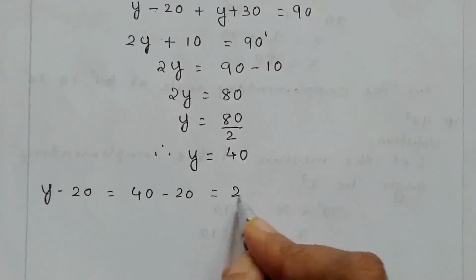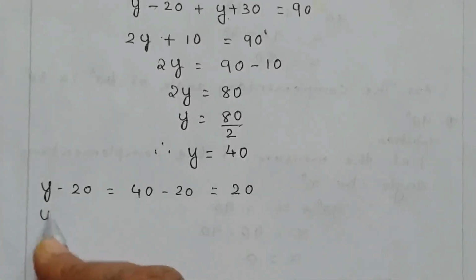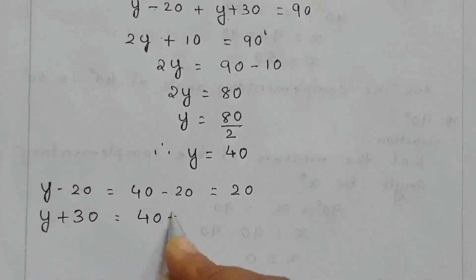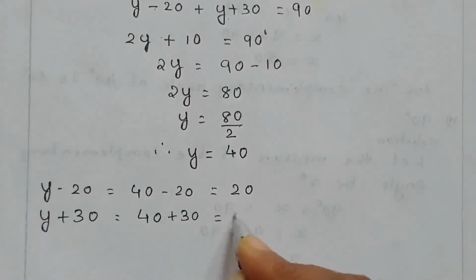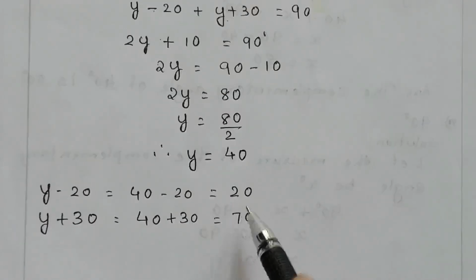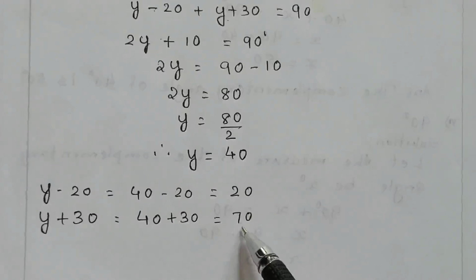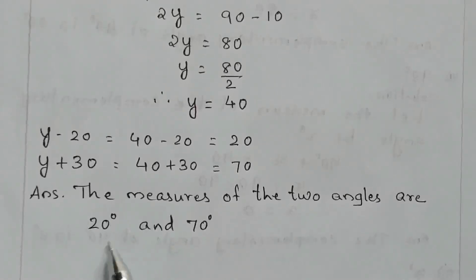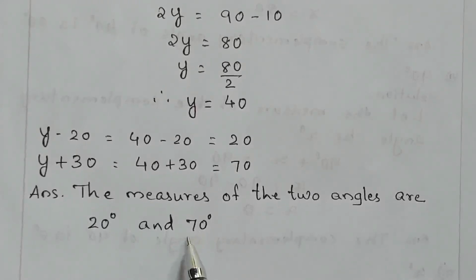That is how much? 20. And y plus 30 is the other angle, so it is 40 plus 30, that is equal to 70. So the answer is: the measures of the two angles are 20 degrees and 70 degrees.